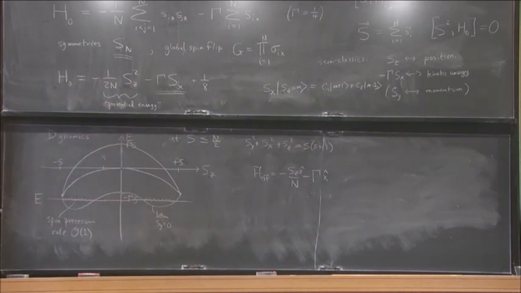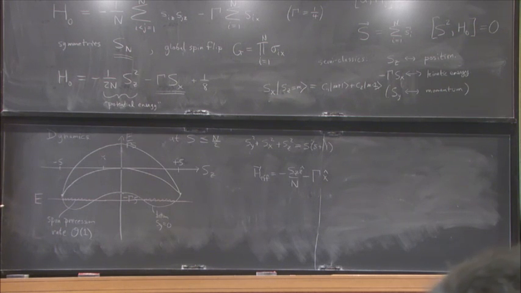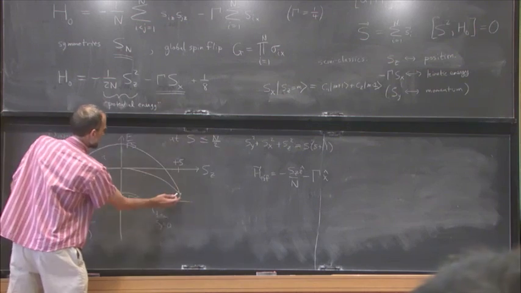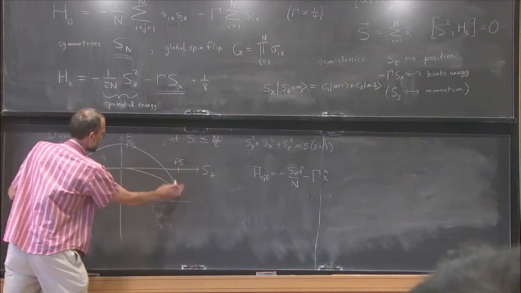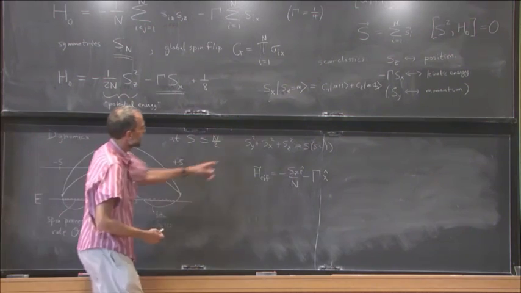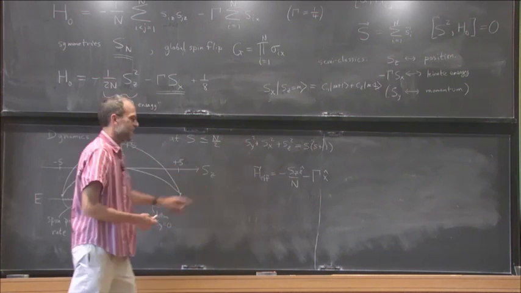I guess the two-dimensional sphere is a symplectic space for those who prefer that language. In effect, this is the Hamiltonian flow. Yes, exactly. So I've drawn a surface which at sy equals 0 has this edge, and it comes out like this, and it goes in behind, and it's given by this equation.